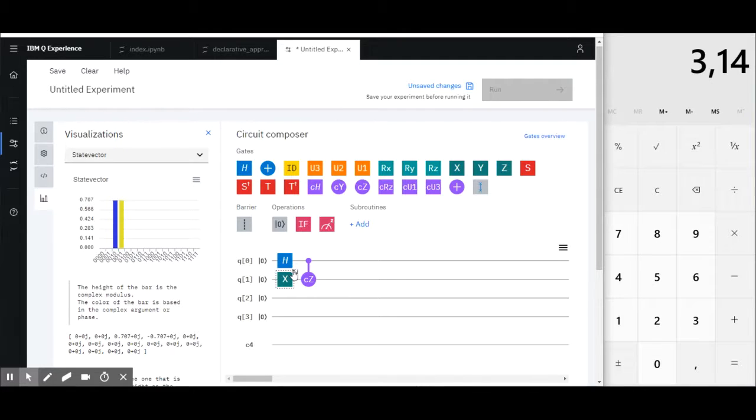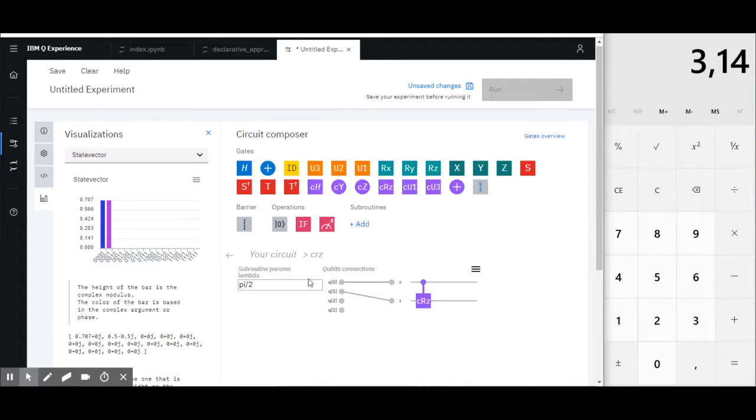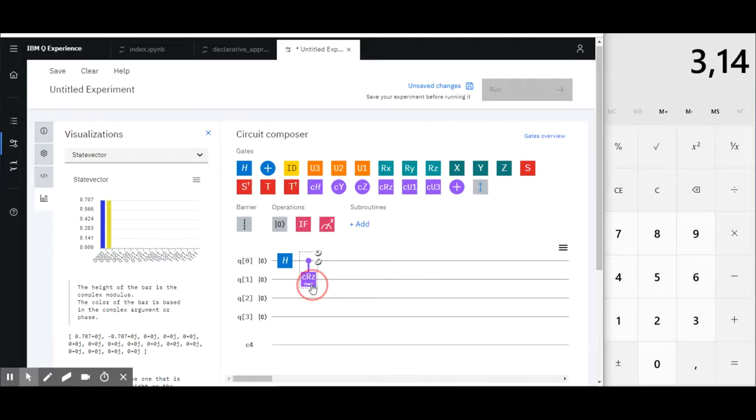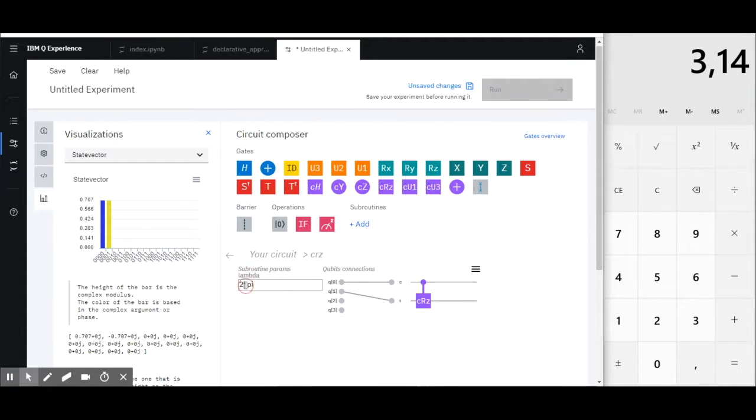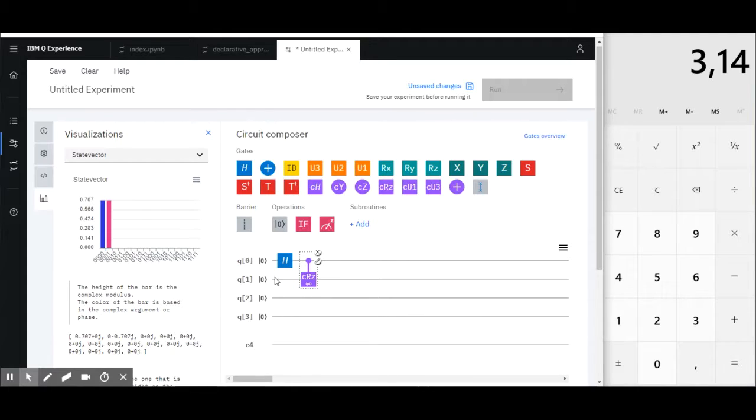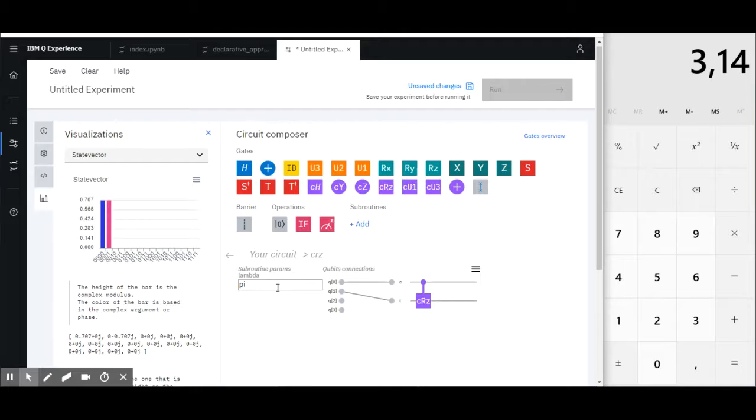Because what if I do 2 times pi? Yeah, then it's yellow. But what if I just do pi then? What if I do pi divided by 4?